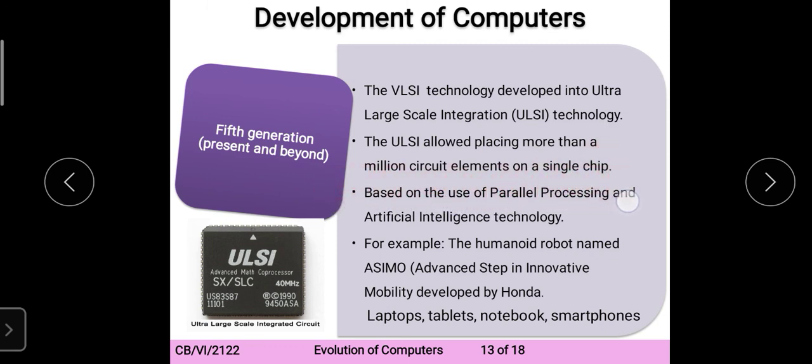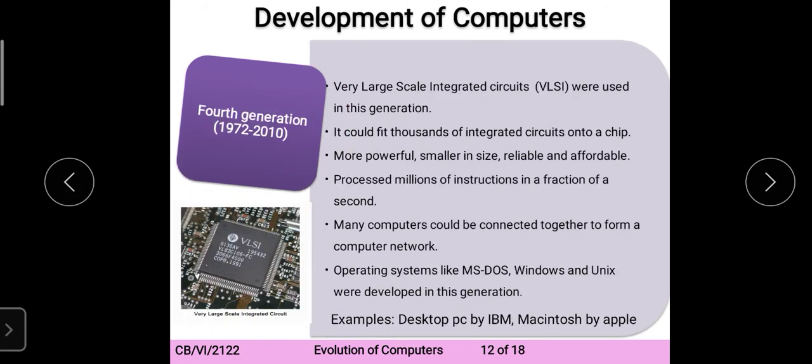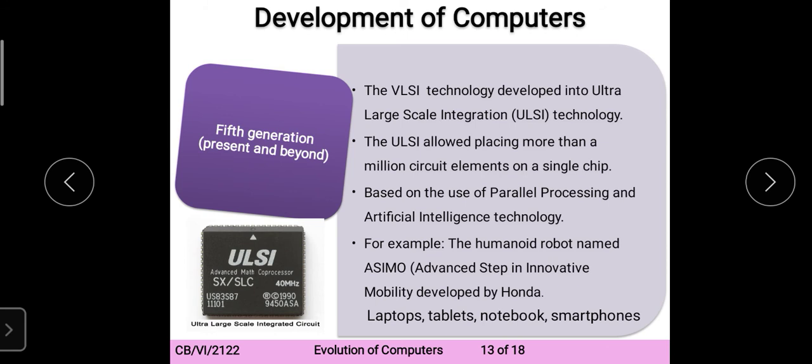In the fourth generation, one more thing we forgot: the development of the CPU took place in the fourth generation. The fifth generation is based on the use of parallel processing and artificial intelligence technology. You can see how many technologies are invented in mobile phones and PCs nowadays.